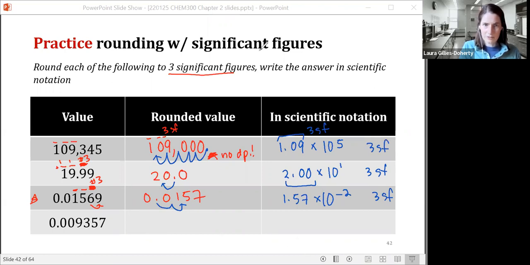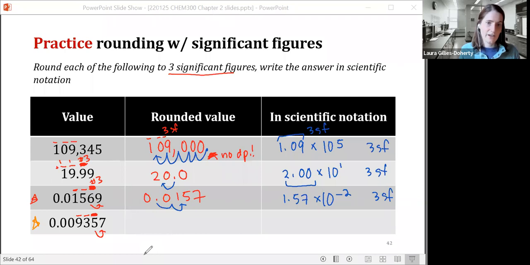Okay, last one. 0.009357. So let's figure out where our third sig fig would be located. We don't count the zeros because they don't count as significant. They're leading zeros. So we go 1, 2, 3. So the 5 is the last sig fig we want to keep in this value when we round it. So we're going to look to the right. It's a 7.